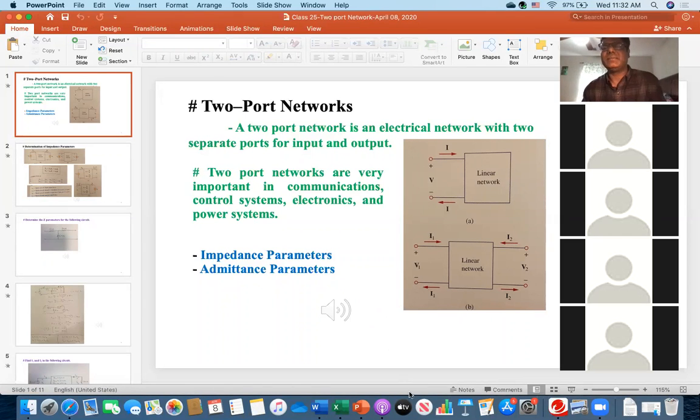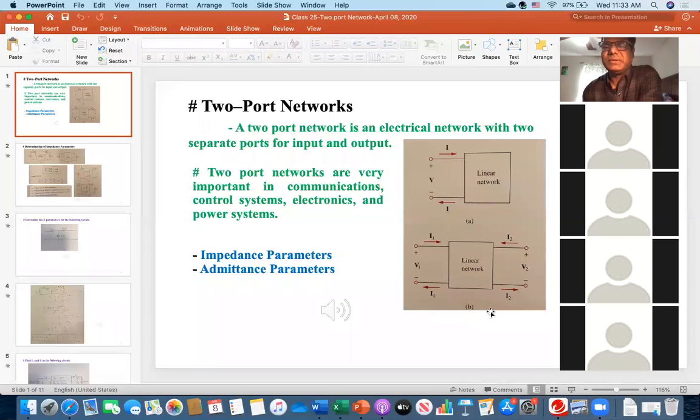But you see the bottom figure, it's a linear network as well, but it has four terminals, two on the left side and two on the right side. Therefore, on the left side there is one port, and on the right side there is another port. That's why it is an example of a two-port network. On the left side, I1 current is entering and at the bottom I1 current is leaving. Similarly, on the right side port, I2 current is entering and I2 current is leaving.